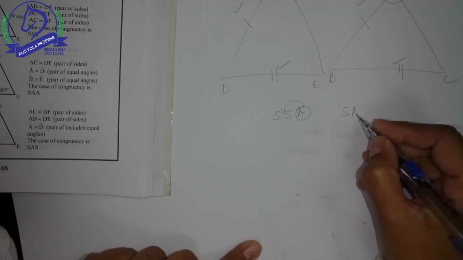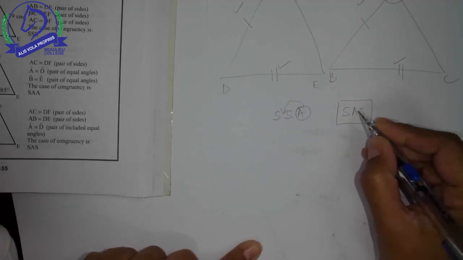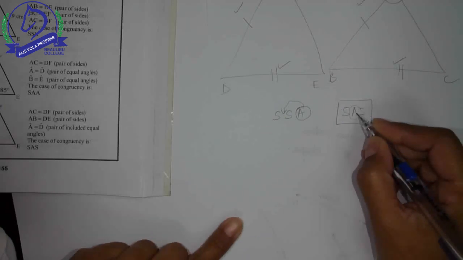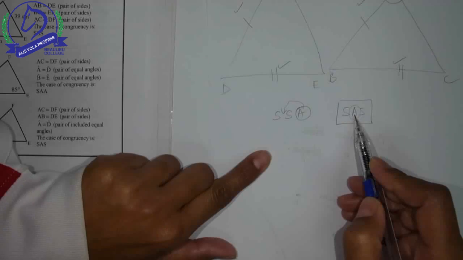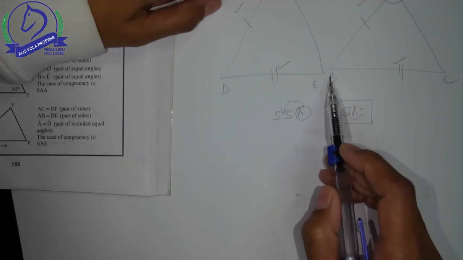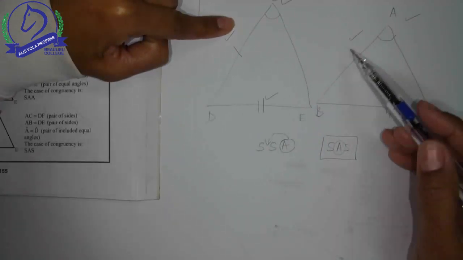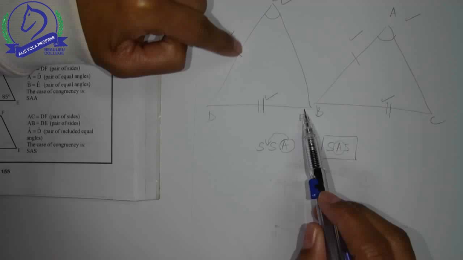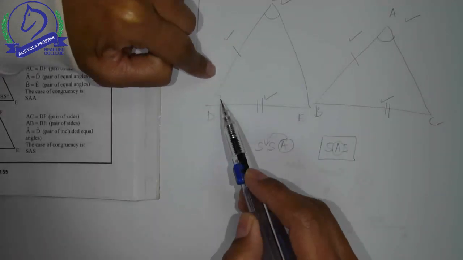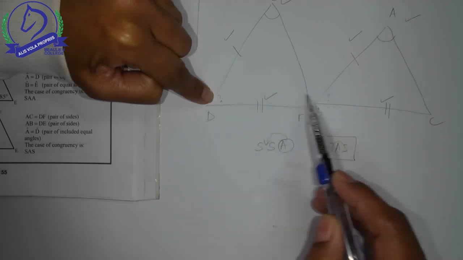Remember, SAS means side, included angle, side. What does included mean? Included means that the angle must be the angle formed between the two sides that you mentioned. So if we are mentioning CD and AB, it means if you bring CD and DE together, we should have this angle that's equal to this angle, and it was not given.